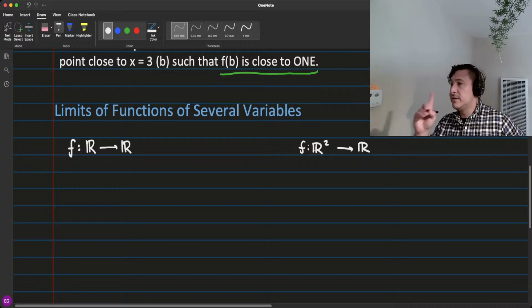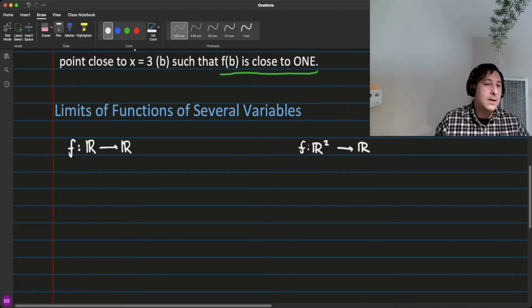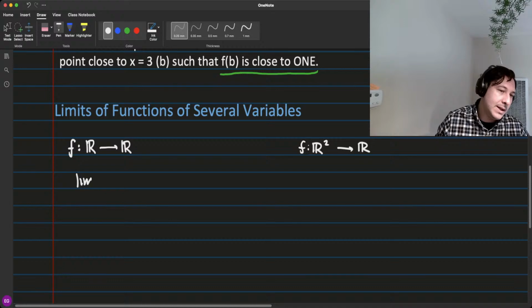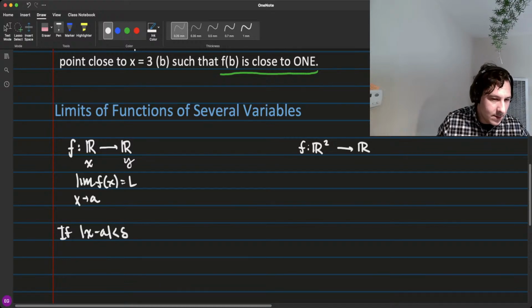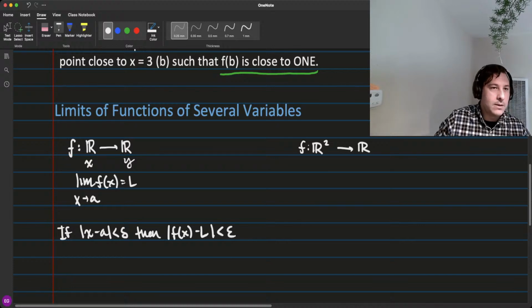For functions of one variable, just x and y, we had the limit as x approaches a, that was our x value, of f of x equals L. That worked if the distance between x and a was less than delta, then the distance between f of x and L was less than epsilon.